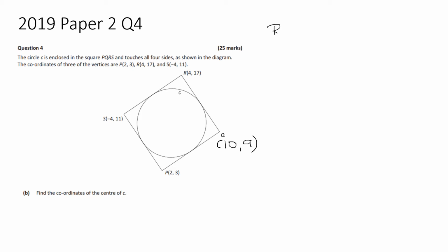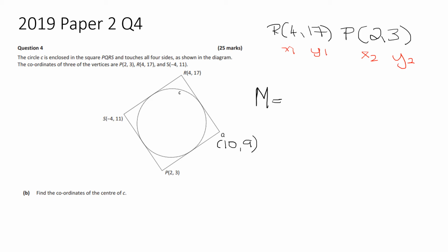So if R is 4, 17, and if P is 2, 3, okay, we're going to use that to find the midpoint. So I'm just going to label them as x1, y1, x2, y2. Okay, and what I'm going to do next is go to my formula and tables and write down the formula.